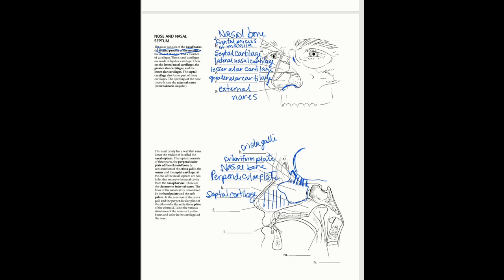All right, and then just below our perpendicular plate we have the vomer. This was a portion of the skull that we were able to see on the inferior side when we studied the skull. Again, we have the greater alar cartilage, which is the bulby part of your nose.